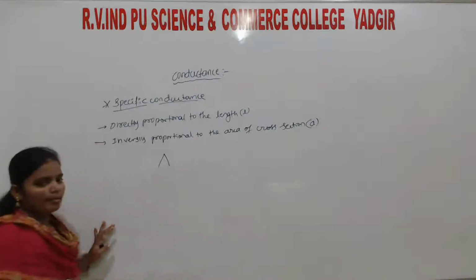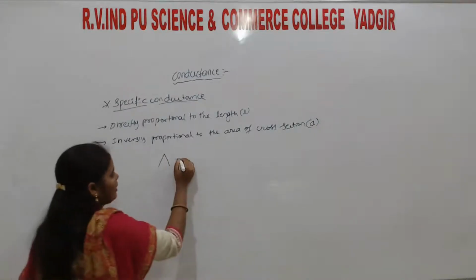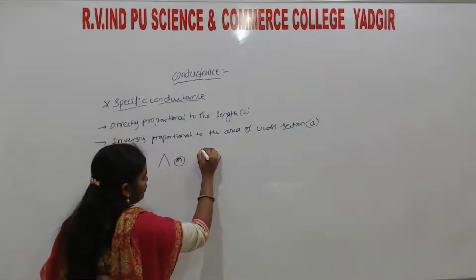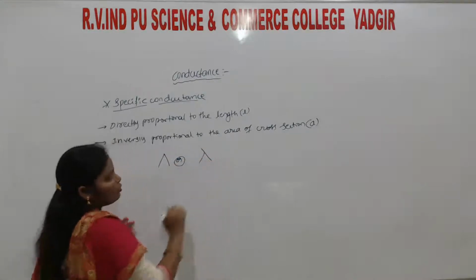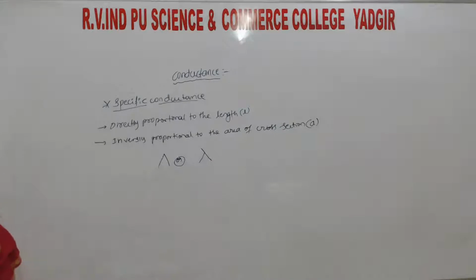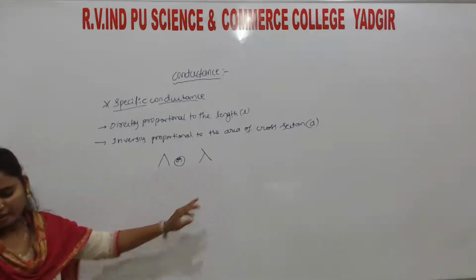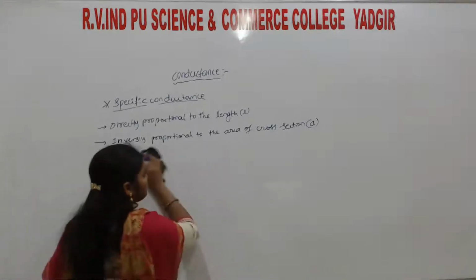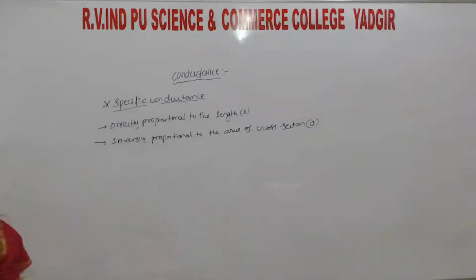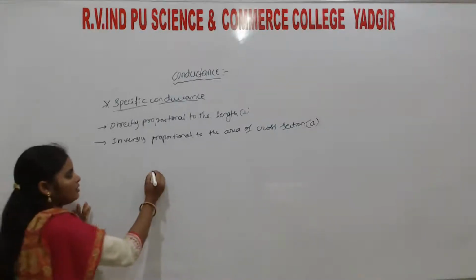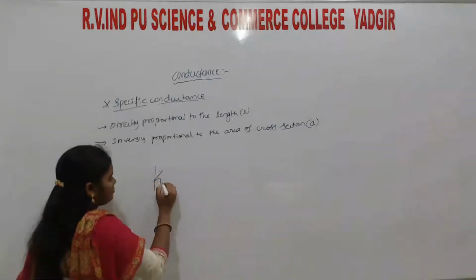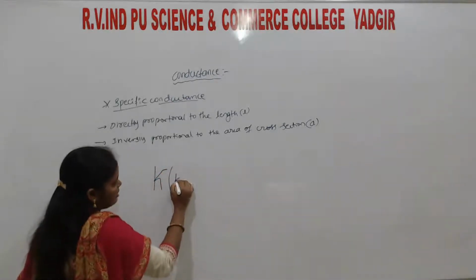This is a capital lambda, or you can denote it by small lambda. Or the name is K, that is kappa.